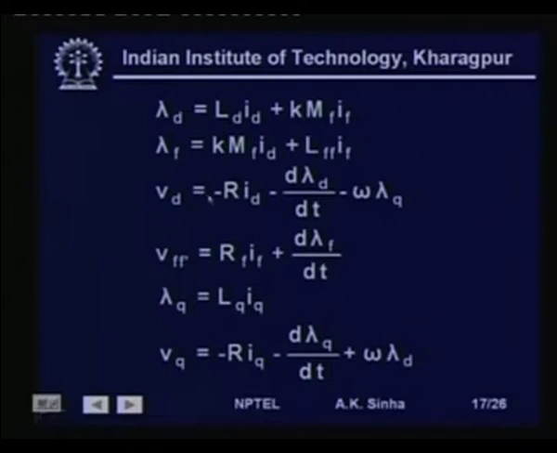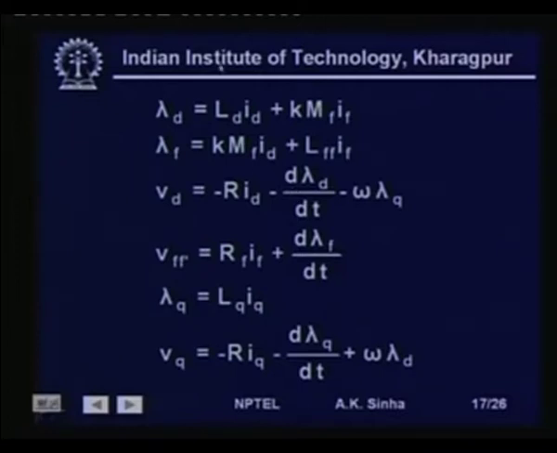V d is the voltage across the direct axis coil. So, this is equal to minus R I d minus d lambda d by dt minus omega lambda q, and V f f is the voltage applied across the rotor winding. This is equal to R f into I f plus d lambda f by dt.